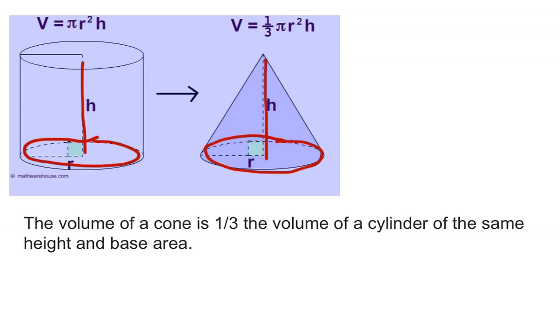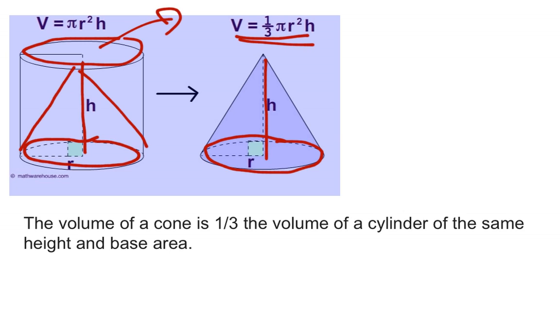And if that's the case, then the volume, if you imagine the cylinder being the base, if you take the top off, throw it away, and you squeeze the sides in, it could become a cone. So the volume of the cone is going to be a fraction of the volume of the cylinder, and that fraction is 1/3.